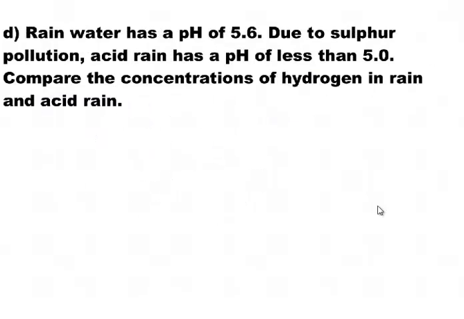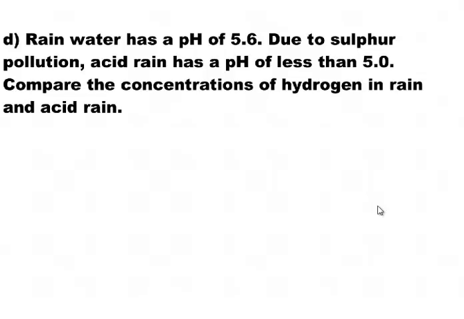The next question says that the rainwater has a pH of 5.6. Due to sulfur pollution, acid rain has a pH of less than 5. Compare the concentration of hydrogen in rain and acid rain. When the pH is 5.6, let's find what is the hydrogen ion.